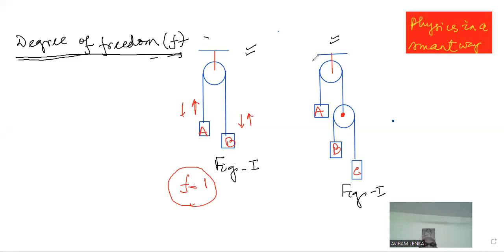Let us come back to the first case. In figure 1, we have already described that degree of freedom equals 1, because if I hold on to A and stop its motion, the entire motion will be arrested. Similarly, if you check the motion of B, the whole motion will be arrested. So that gives another indication that degree of freedom equals 1.